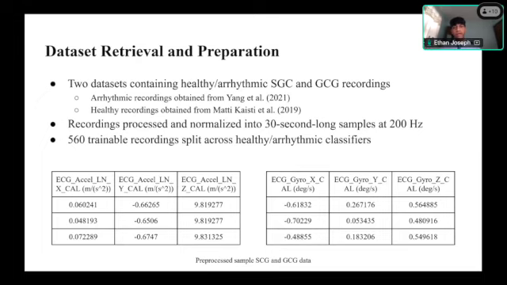So one of the main steps of this process was processing and normalizing these into 30-second long samples at 200 hertz, meaning 200 individual measurements per second. This ultimately yielded 560 trainable recordings split across the healthy and arrhythmic classifiers. So 280 healthy recordings and 280 arrhythmic recordings. And that's also visible in this table here, in which you can see actual data obtained from these data sets.